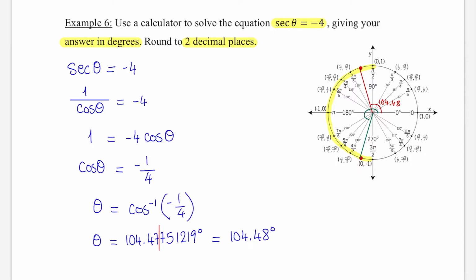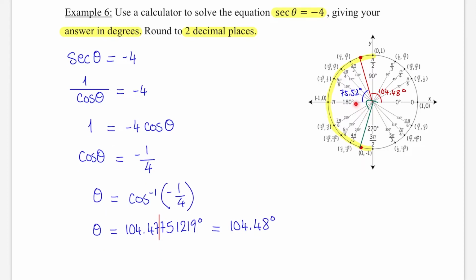I want the measurement from 0 to this green ray. This angle is 104.48. That makes this angle 75.52. I'll take 180, subtract 104.48. That means this angle is also 75.52. So to find this green angle, I'll take 180 plus 75.52.